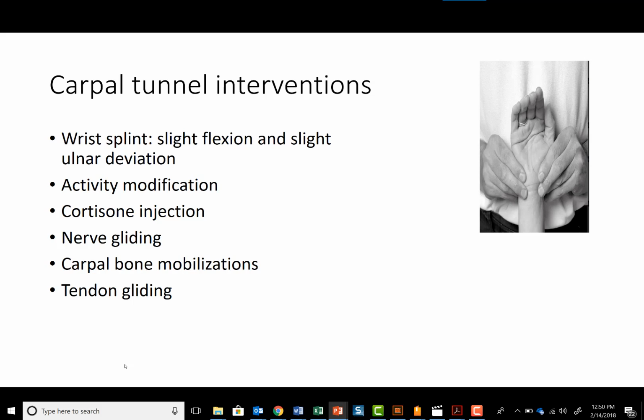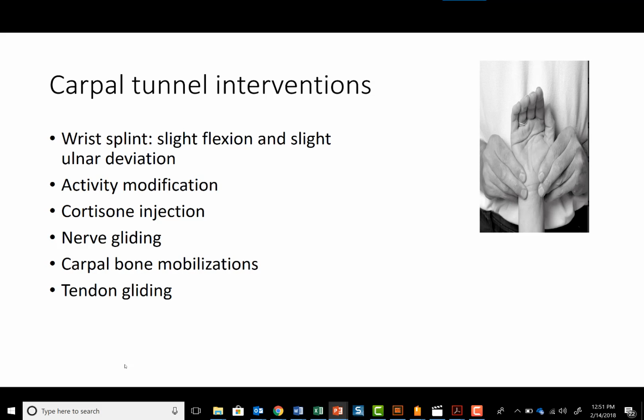So what do we do for people with carpal tunnel interventions? Often what is done is a wrist splint, especially at night, where you put them into slight wrist flexion, slight ulnar deviation. The thought is to help unload that region a little bit, try to modify it, give them a little more space. Activity modification, maybe you shouldn't be working on the assembly line.